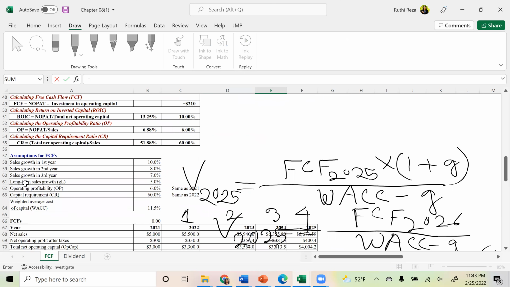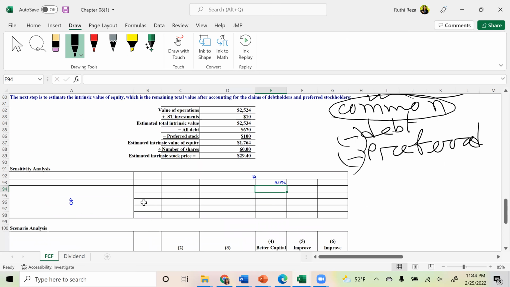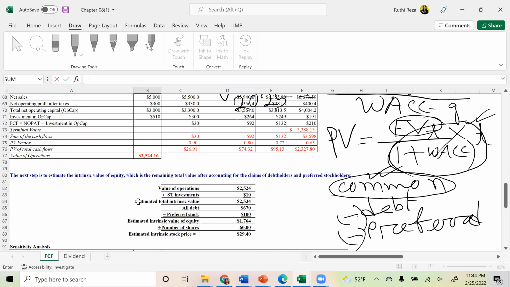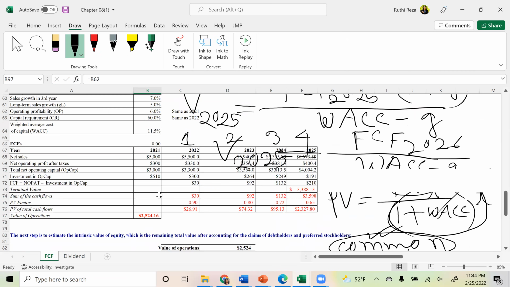So our base rate, that means the rate we use to estimate this intrinsic value. And then for long-term sales growth, it is 5%. And then for operating profitability, it is 6%. Okay.